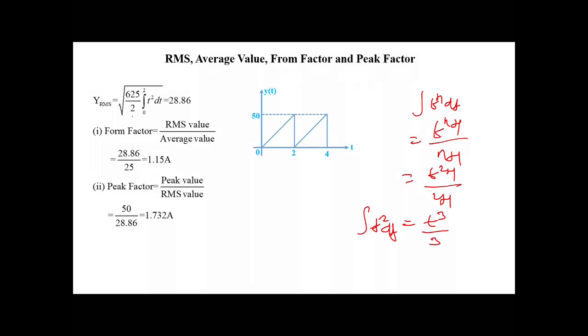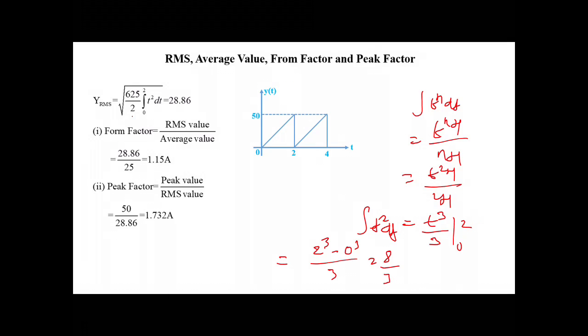Now substitute the value of limit. Limit is 0 to 2. Let's substitute the value of limit here. 2 to the power 3 minus 0 to the power 3 divided by 3 equals 8 by 3.